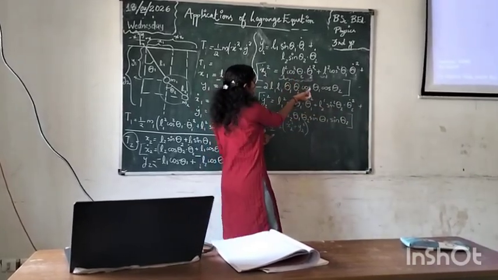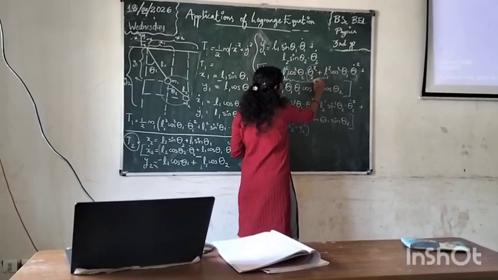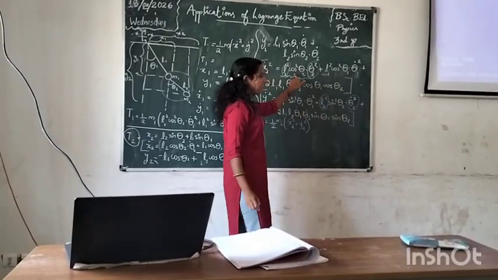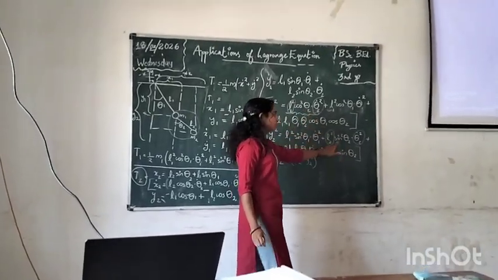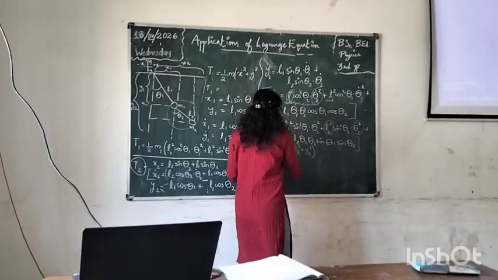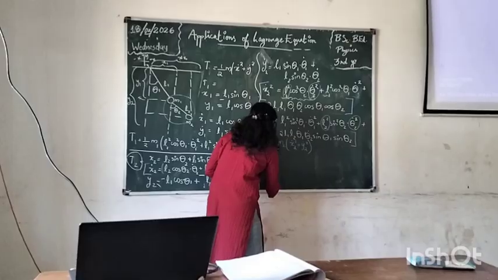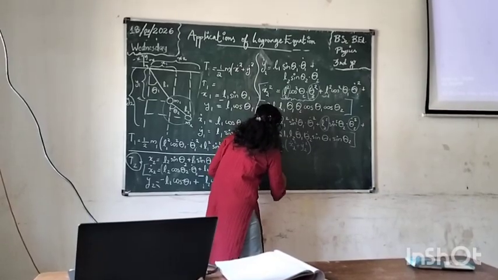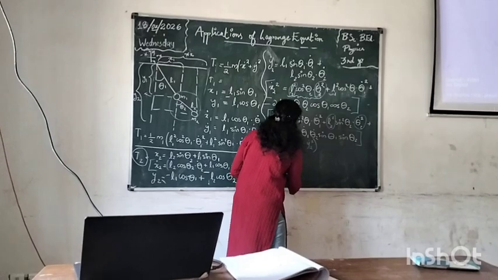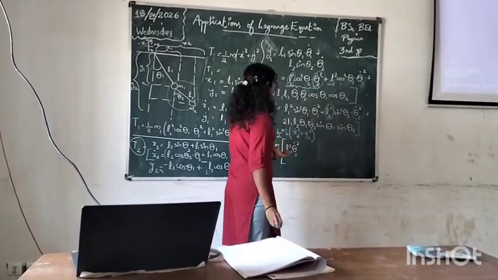So when we take L2 square and theta 2 dot square outside, inside we will have cos square theta 2 plus sin square theta 2, that is 1. So the leftover will be half m2 L2 square theta 2 dot square.